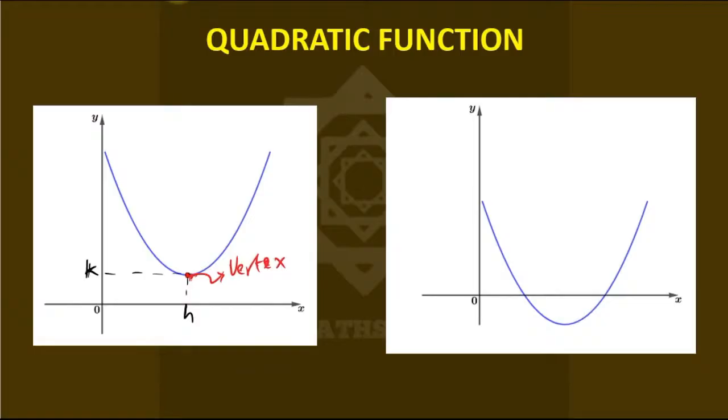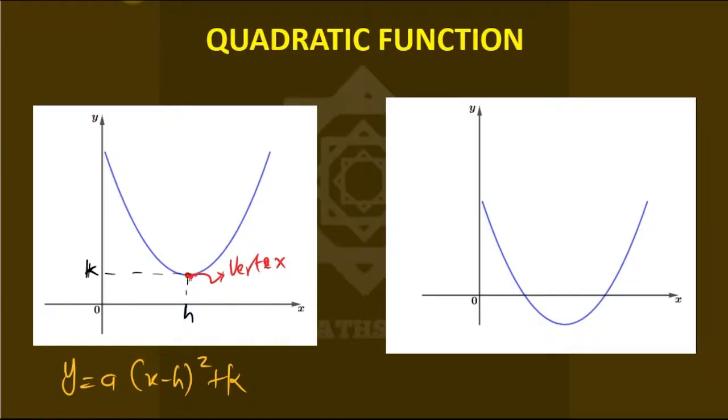So for any quadratic function given the vertex, the function is always y equals a times (x minus h) all squared plus k, where (h, k) is the coordinate of the vertex. And a is a constant.